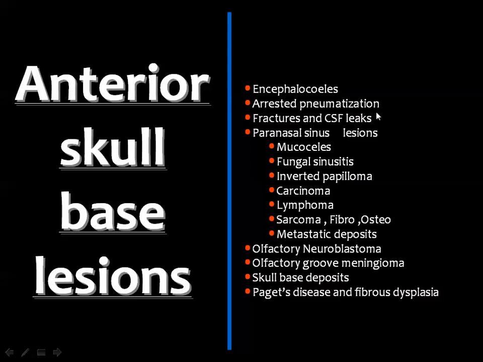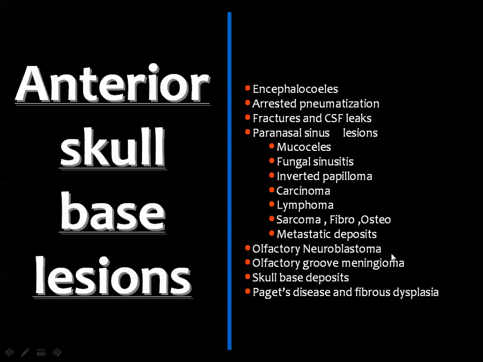Then these are the anterior skull-based lesions that we are going to discuss, including the encephalocele, and this is one of the important issues, which is known as arrested pneumatization, fracture and CSF leaks, and then some of the paranasal sinus lesions that can involve the anterior skull base, like mucoceles, fungal sinusitis, inverted papilloma, carcinoma, lymphoma, sarcoma, and metastatic deposits.